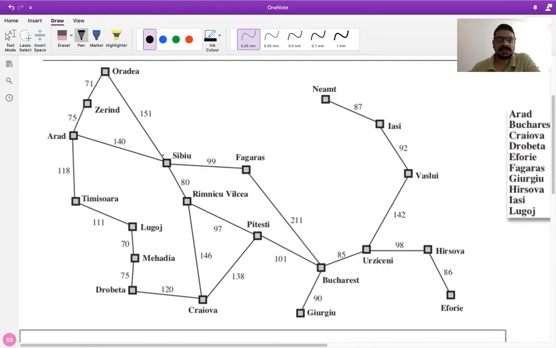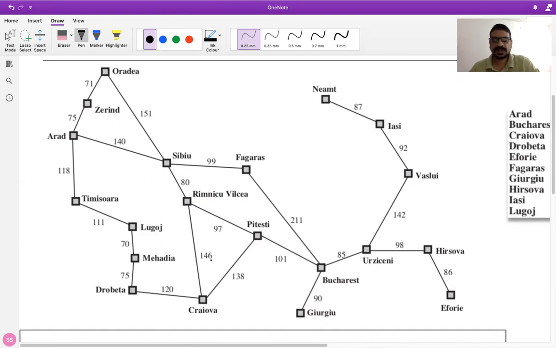Let's say from Arad we want to go to Sibiu, or to Zerind, and for that the cost is written here. This is the path cost.